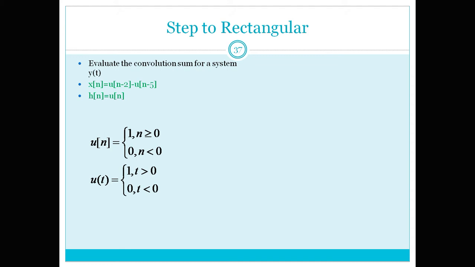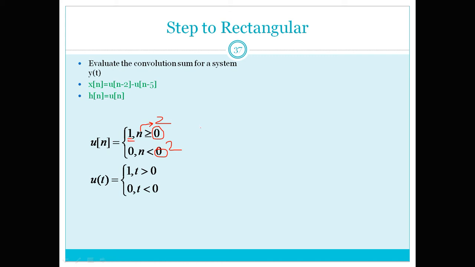Now my job is to represent the input signal u of n minus 2 minus u of n minus 5. First, I need to know what u of n minus 2 is. It is a unit step signal from 2 onwards. That means whatever we have written for 0, this value should be 2 here. At n equal to 2 onwards, I am getting signal value as 1.